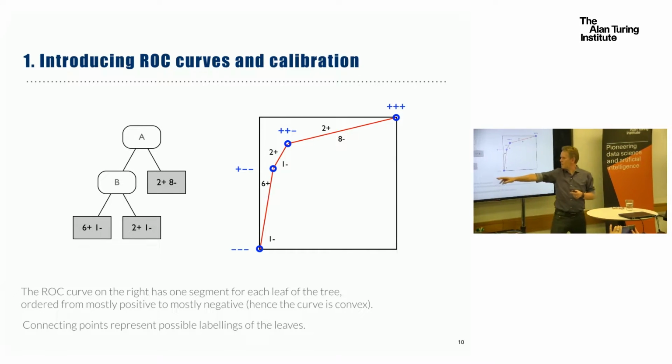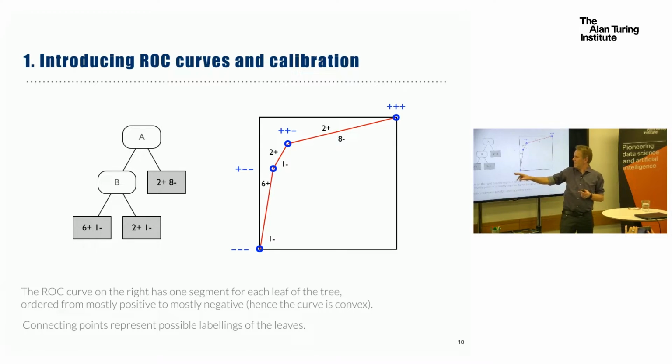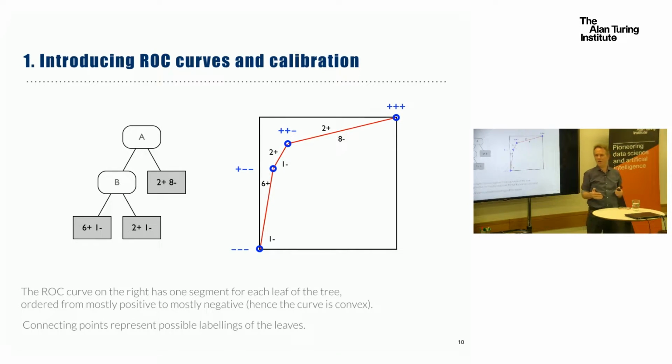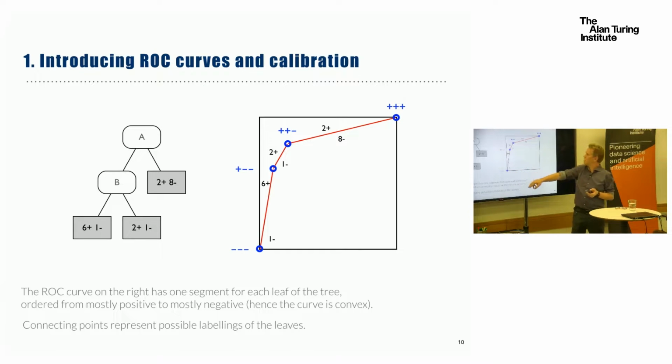If you read the leaves from left to right, then you could label every leaf as negative, then you get the always negative classifier. The always negative classifier does fantastically well on the negatives, but it does fantastically not well on the positives. Okay, so the always negative is here. Similarly, the always positive is there.